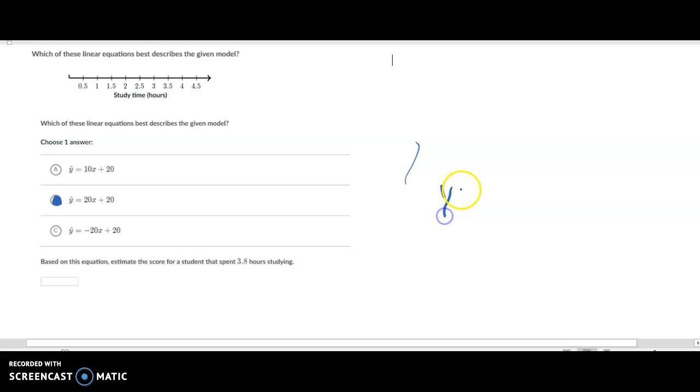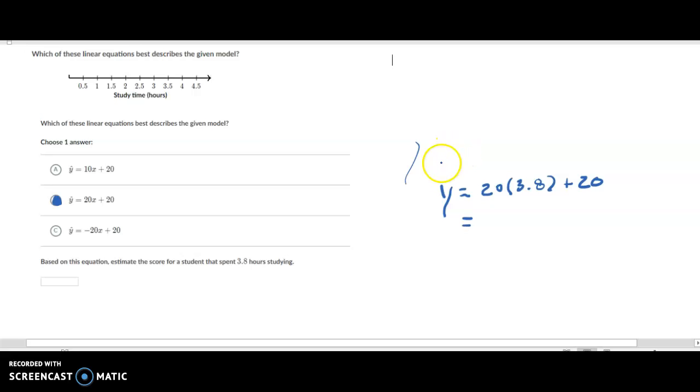So y equals 20 times 3.8 plus 20. 20 times 3.8 is going to be 76.